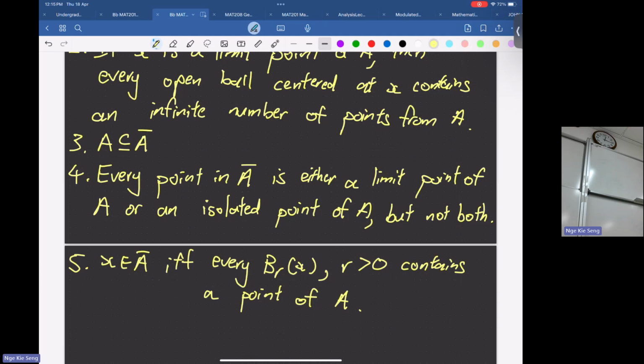If every ball around you contains a point of A, does it imply that you are a limit point or an isolated point?